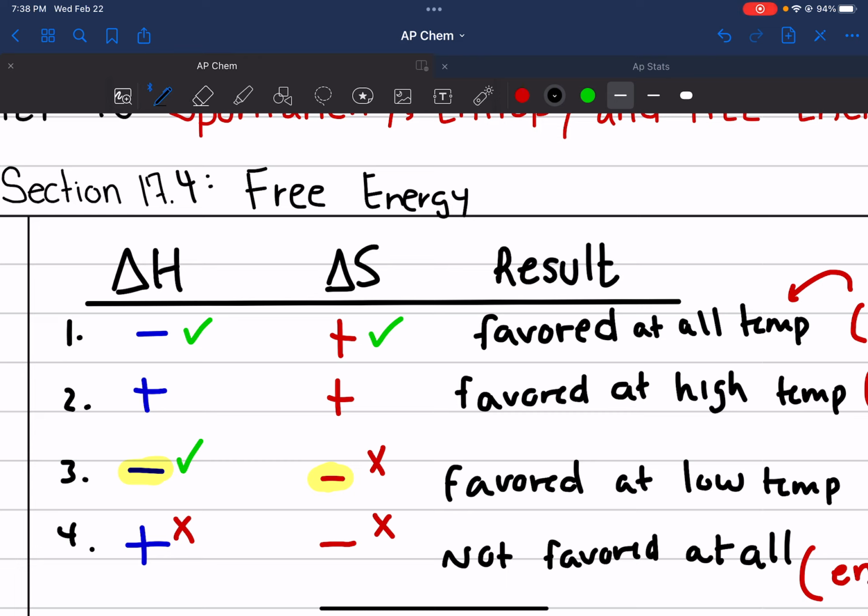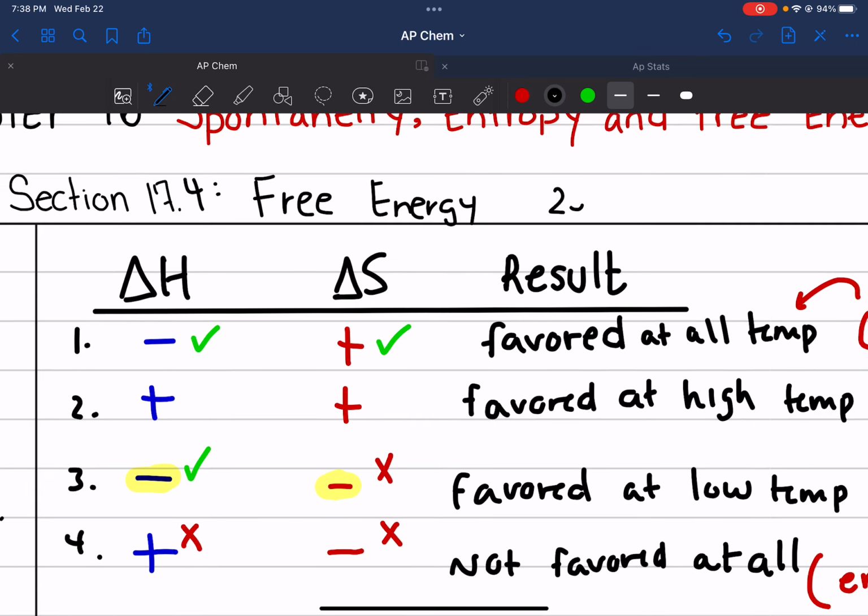But let's say right now it wasn't at 300 Kelvin, it was at 900 Kelvin, right? I'm starting off with 25,000 joules for my enthalpy. So 25E3 minus, say our temperature is 900 Kelvin times, once again, positive 5 for my entropy.